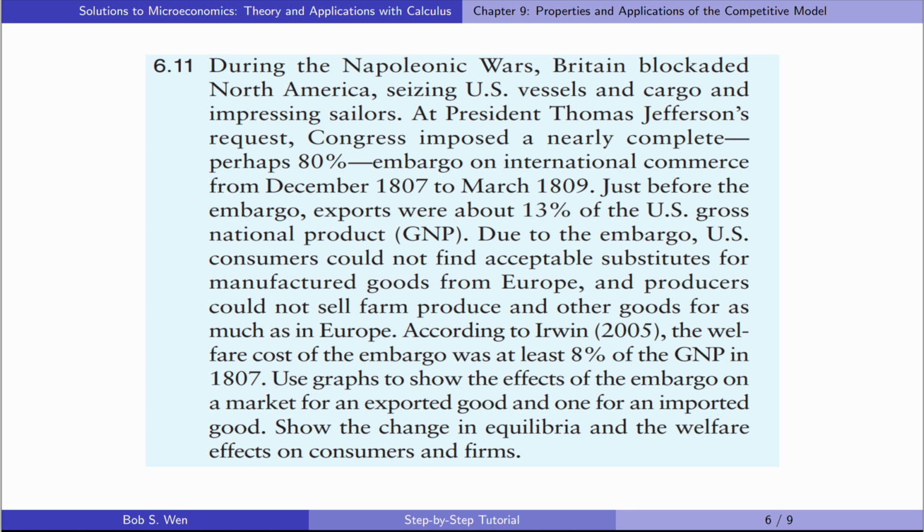According to the researcher, the welfare cost of the embargo was at least 8% of the GNP in 1907. Use graphs to show the effects of the embargo on a market for an exported good and one for an imported good. Show the change in equilibria and the welfare effects on consumers and firms.